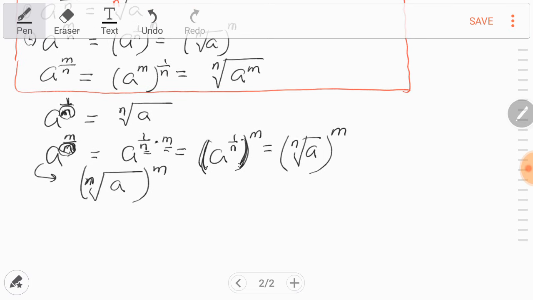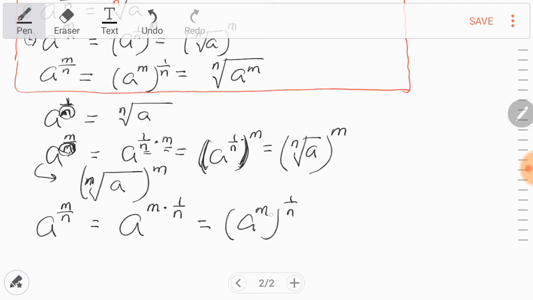Or we can do it this way, with m over n. The exponent is a fraction m over n, and m over n can be written as m times 1 over n. And since the exponent is a product, we can make a power to another power: a to the mth power raised to the 1 over n.